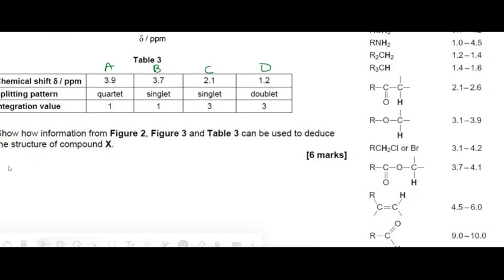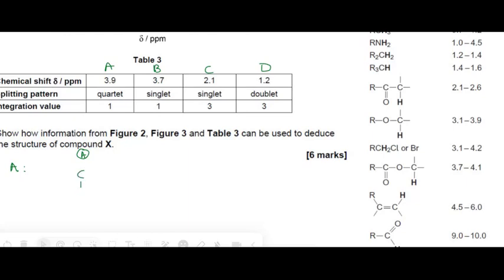So peak A. Peak A has an integration value of 1, so probably it's going to be a CH. It is a quartet, so this is your proton A. It's a quartet, so it's next to, actually another trick, always draw this displayed formula. It helps.